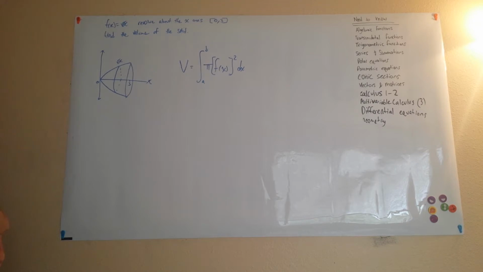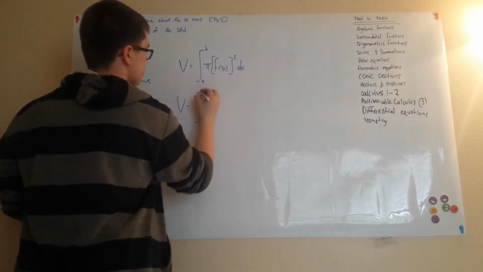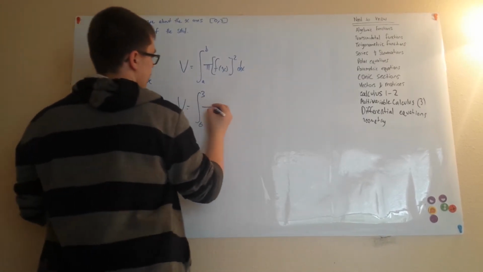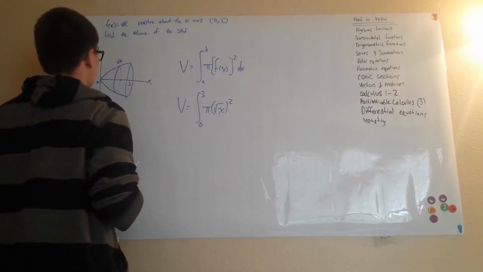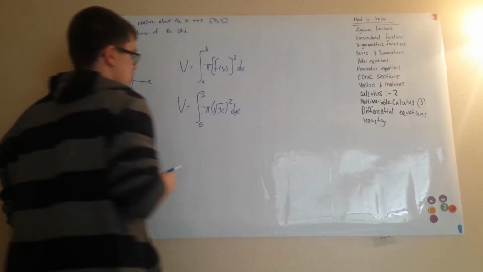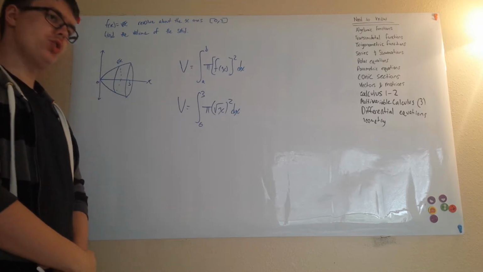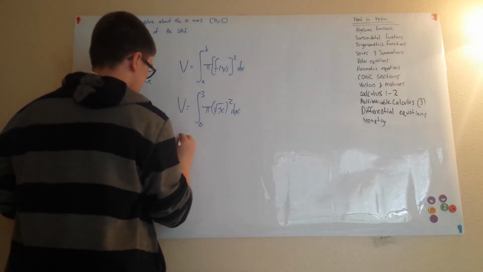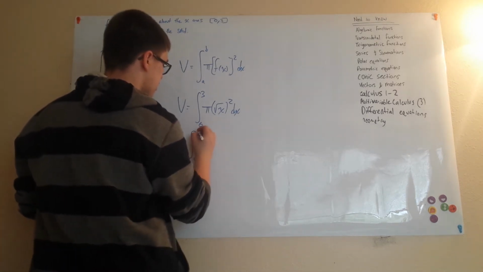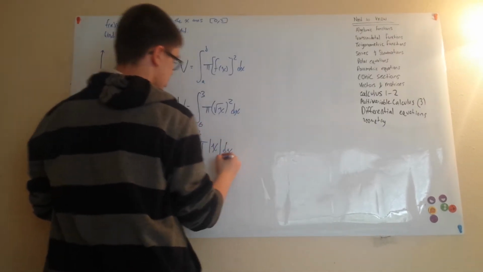Okay, let's do that. So the volume is the integral from 0 to 3 of pi times the square root of x squared dx. Here's a big issue, and that is this definition. Remember that definition? So that is the absolute value of x dx.